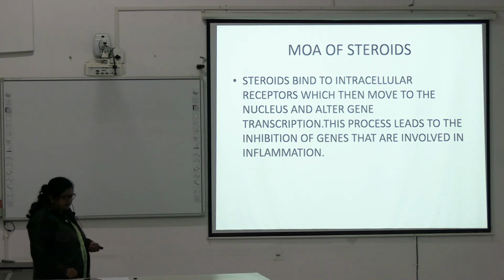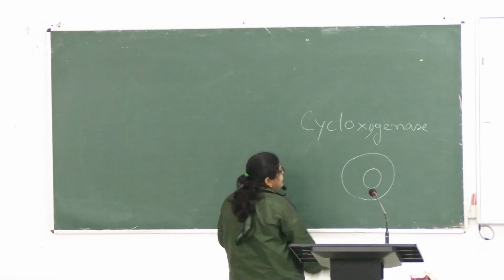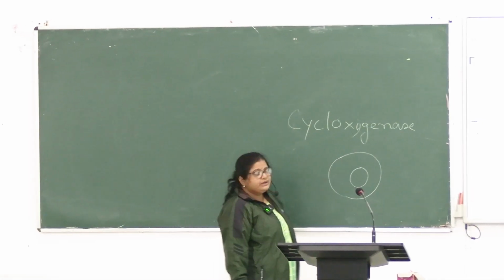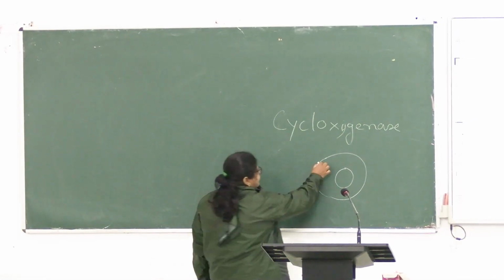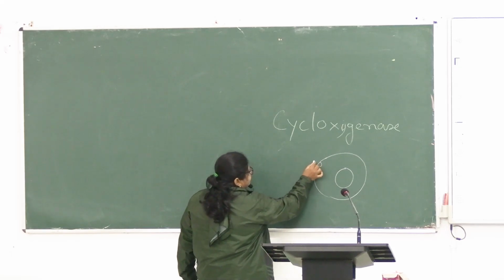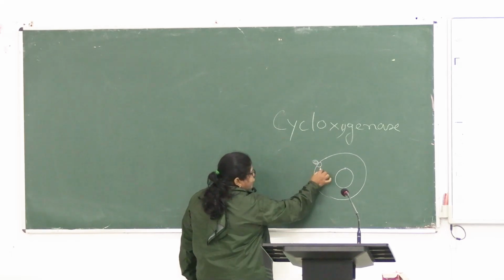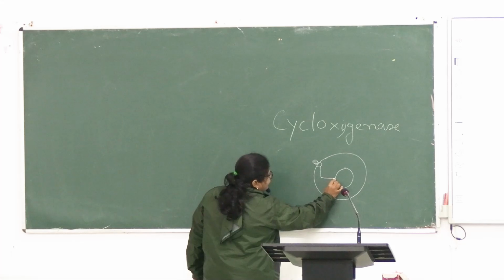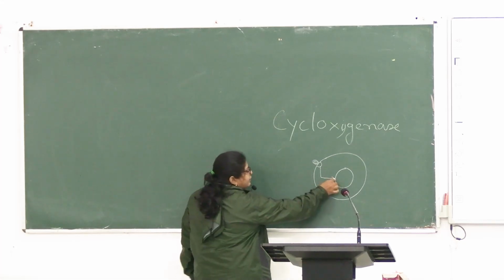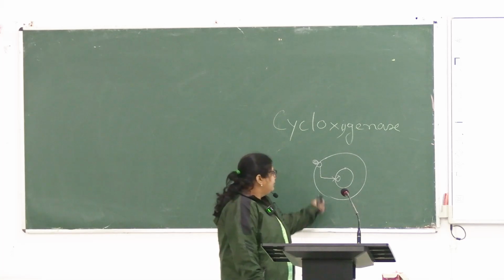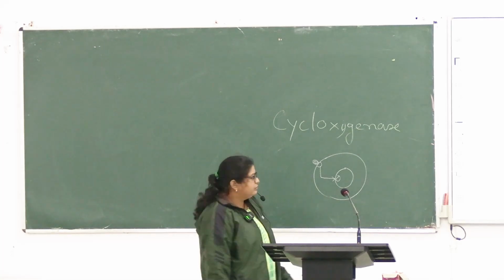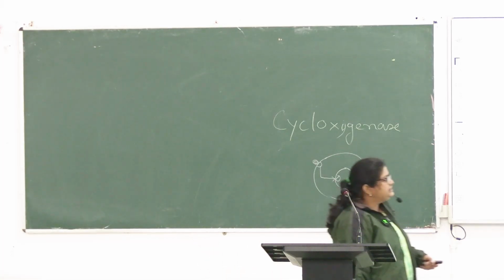Means, this is the cell and within it is the nucleus. Steroids bind with the receptor and go intracellularly to the nucleus and alter the gene transcription. Okay. Alter gene transcription.